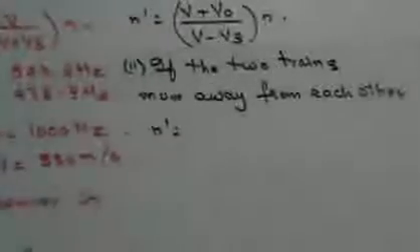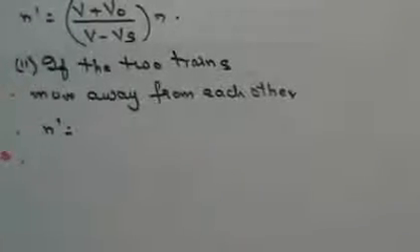I don't think I dictated that. Just write this down: the velocity of sound in air is 332 meters per second.